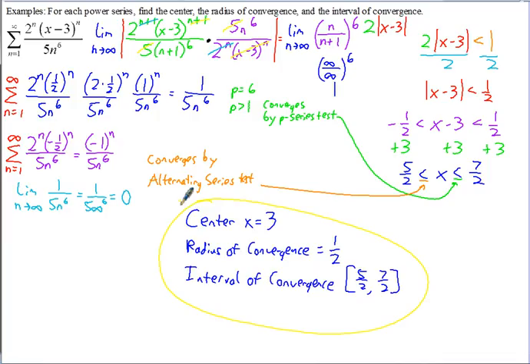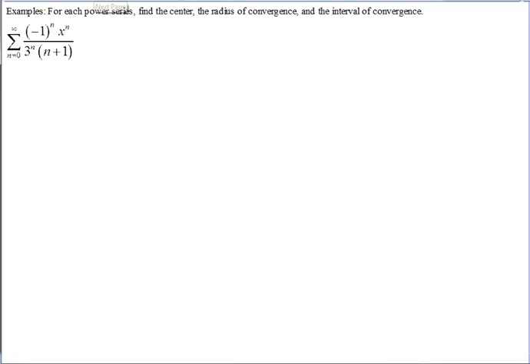Okay, let's look at the next example. So again, using the ratio test, the limit as n approaches infinity of the absolute value of a sub n plus 1, so negative 1 to the n plus 1 times x to the n plus 1 divided by 3 to the n plus 1.